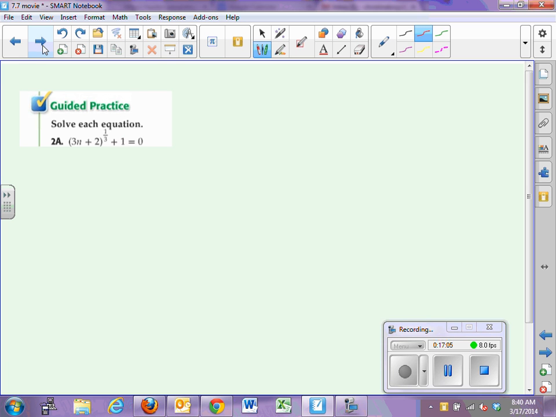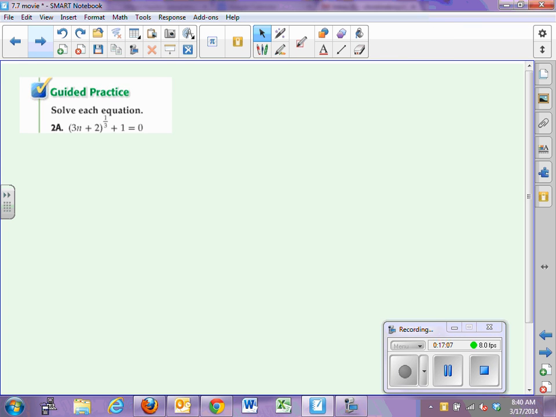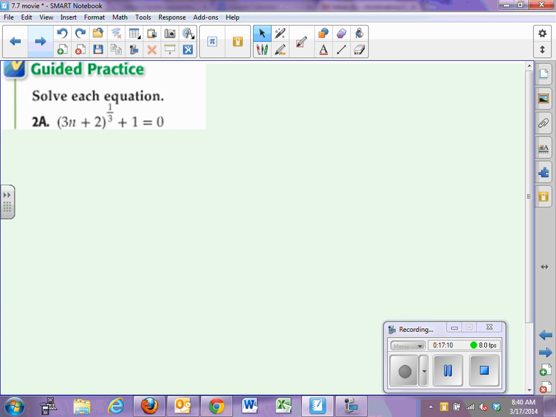Okay. So go ahead and try this one. You can pause if you want. I'm going to rewrite it as a cube root. Should subtract 1.